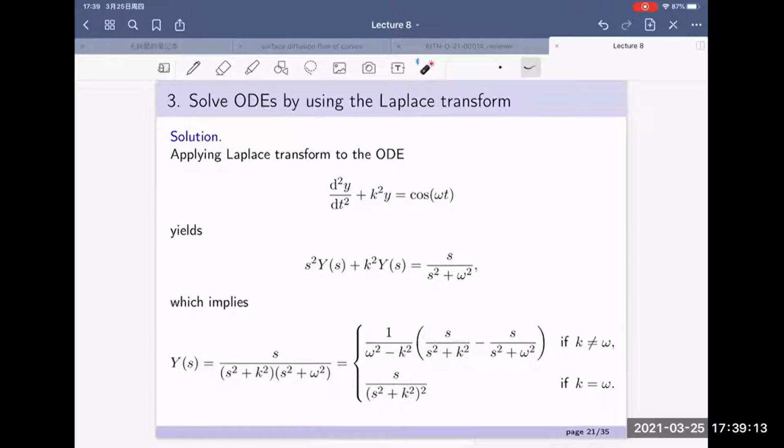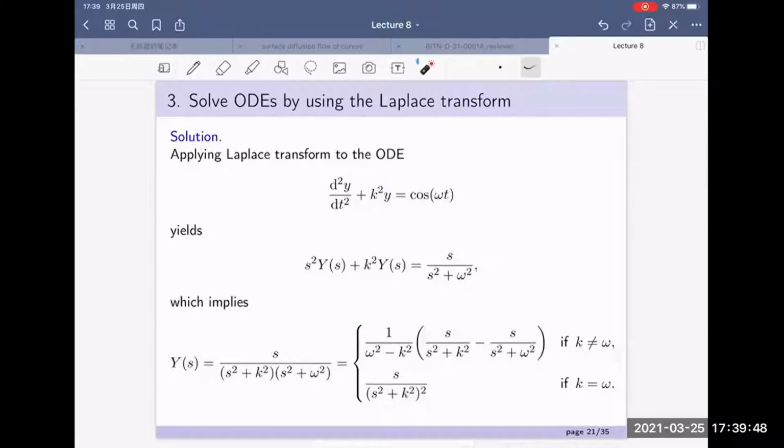If you sum up the two terms, you get a factor omega squared minus k squared, so you need to divide by this factor. When k is not equal to omega, you have such a decomposition into simpler functions. But these two different expressions have different inverse Laplace transforms.